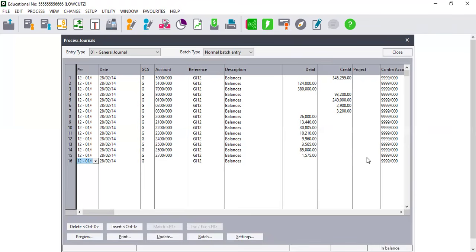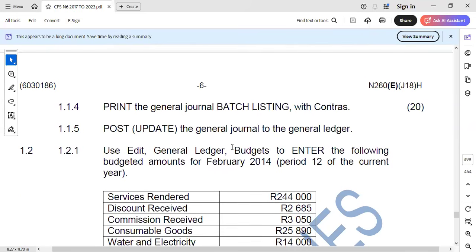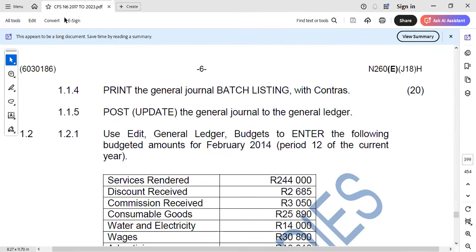So what is the next step after this? Let me go to the question paper. Now, for 20 marks, they are saying print the journal batch listing with contra. For how many marks? 20 marks.